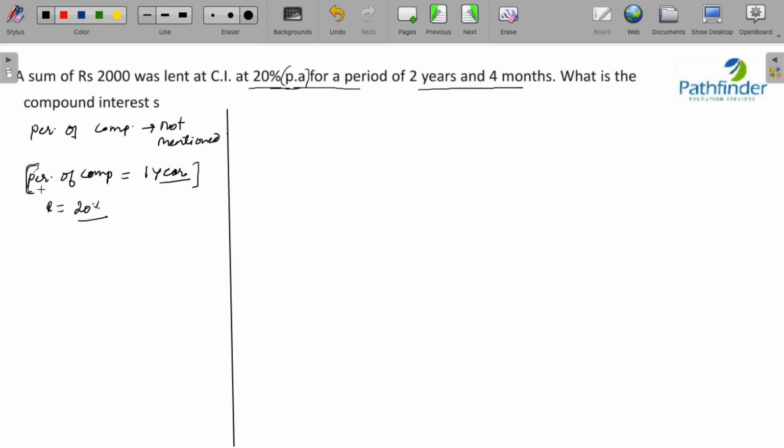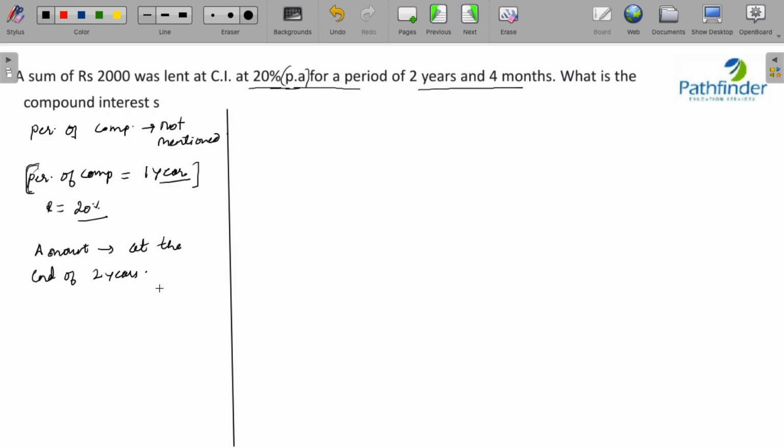Because if your total time is not an exact multiple of period of compounding, it implies that you will have to make some adjustment at the end of 2 years. Because the total time is 2 years and 4 months. So I can calculate the amount at the end of 2 years.